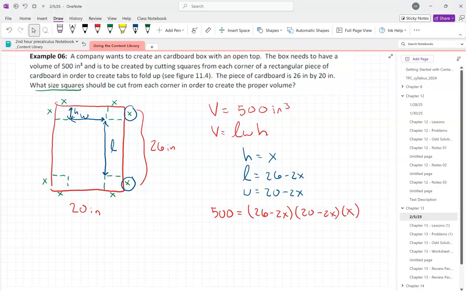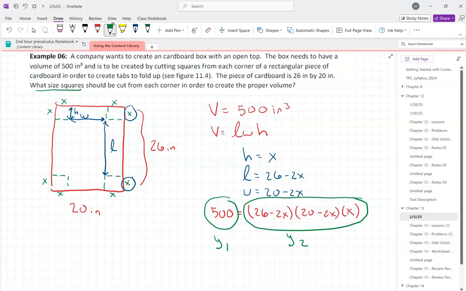If the answer is a crazy decimal with a radical in it, maybe I won't even be able to find it, because that's going to be a degree 3 polynomial, right? So instead, I'm going to solve this by graphing. I'm going to graph one side of this equation in y1, and the other side in y2, and find the intersection.